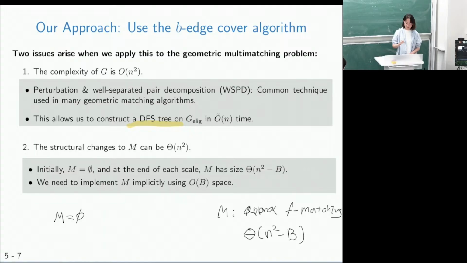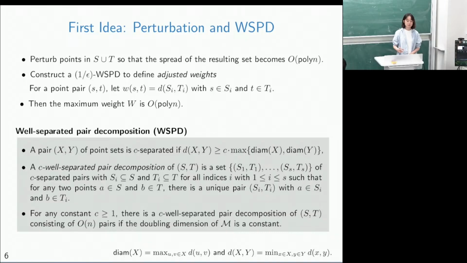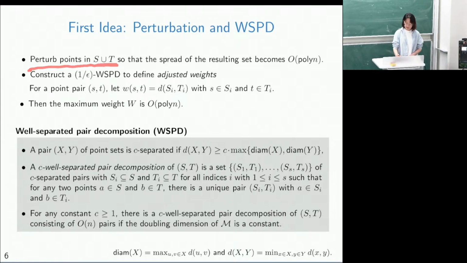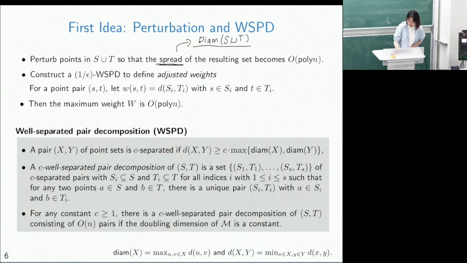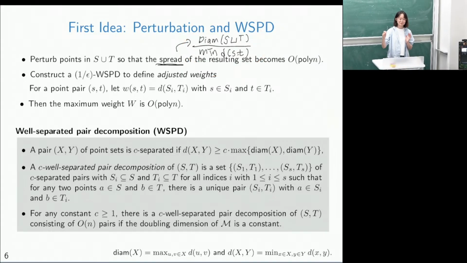Okay, now I'm going to talk about a brief sketch of our algorithm. As a pre-processing, we perturb points in the input set so that the spread of the resulting set becomes a polynomial in n. So here spread is the ratio between the diameter and the minimum distance between 2 points, the ratio between the longest edge length and the shortest edge length.